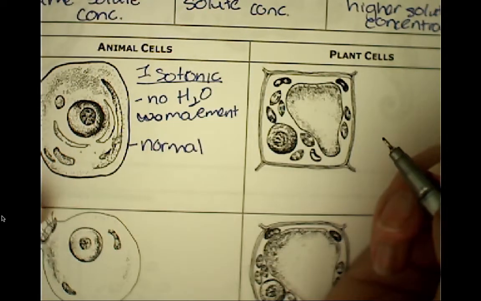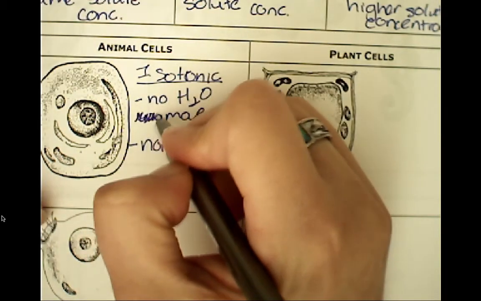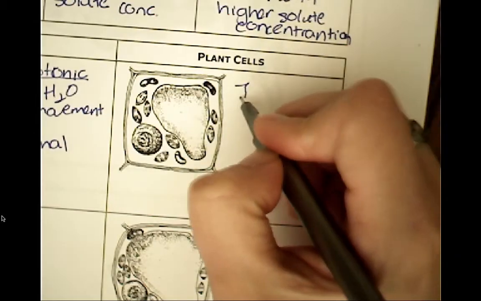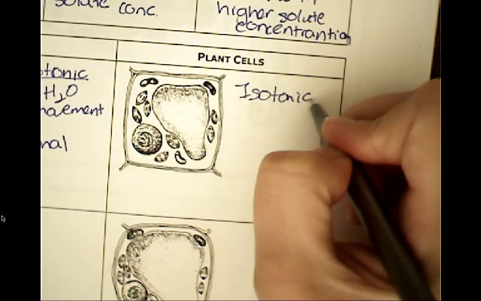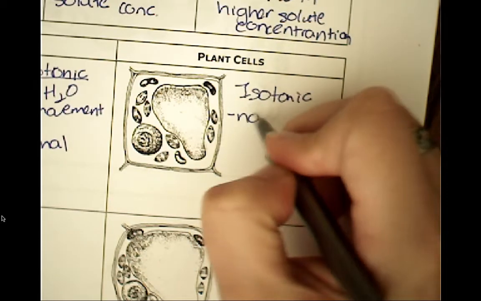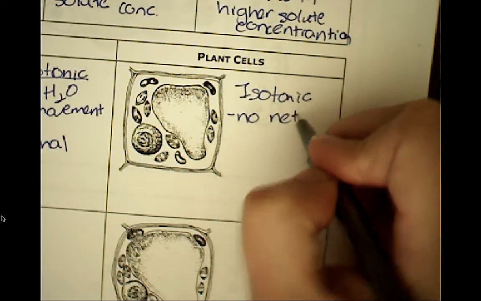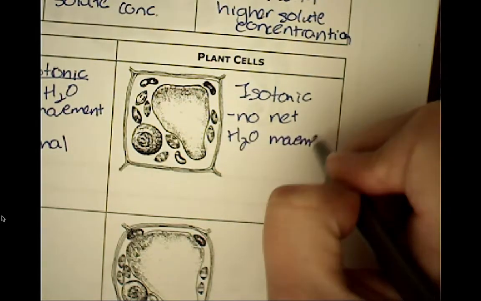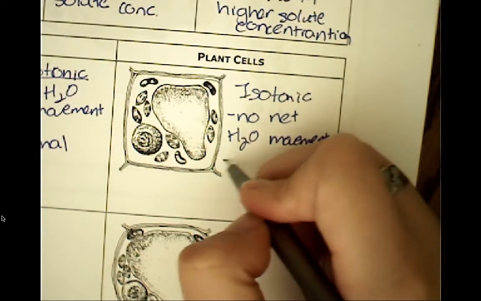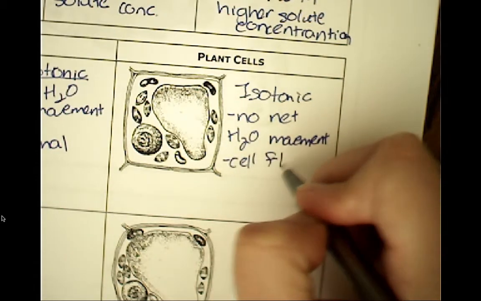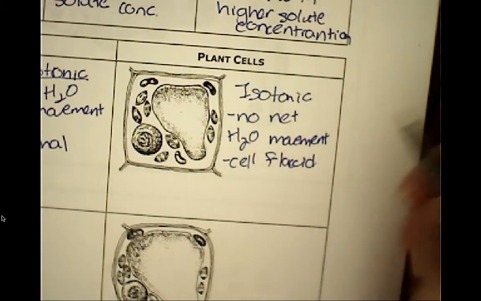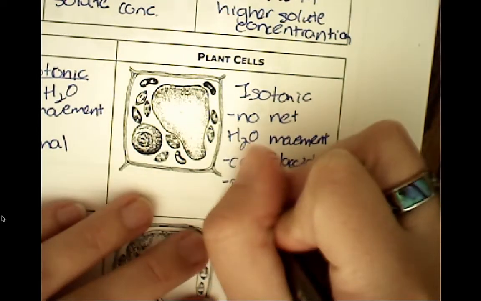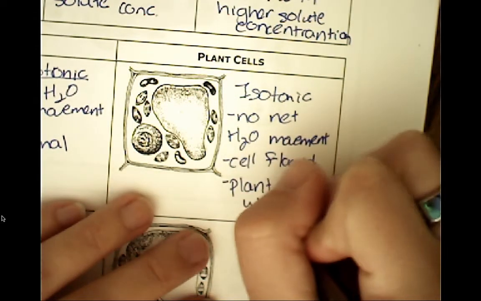This is where they want to hang out, okay? In a plant cell, when it's in its isotonic state, again, there's no net water movement. But this cell is what's called flaccid, or it's like limp, and it's kind of a sad little cell, okay? And you can picture, like, if you're looking at the actual plant, it's wilted.